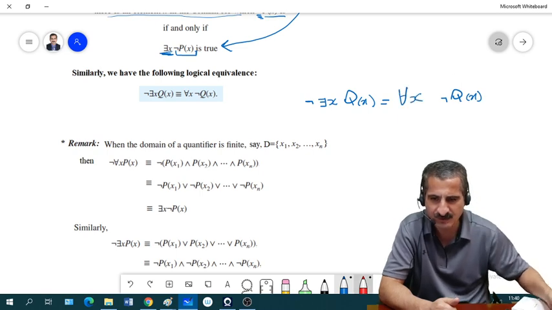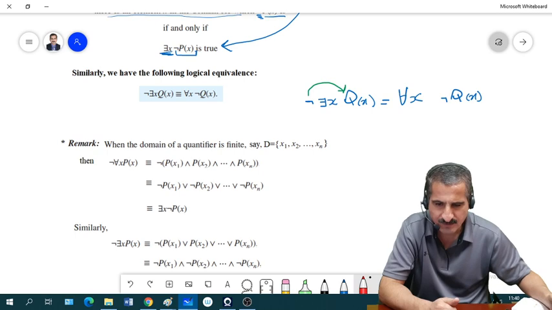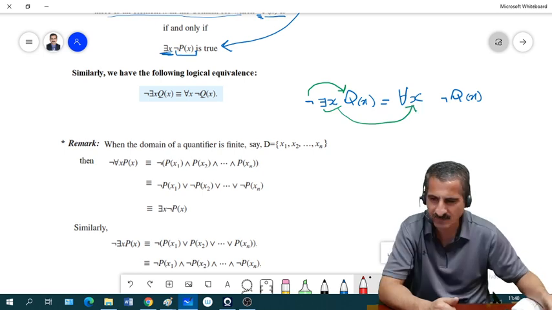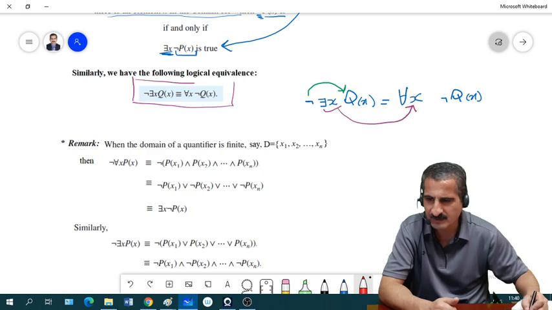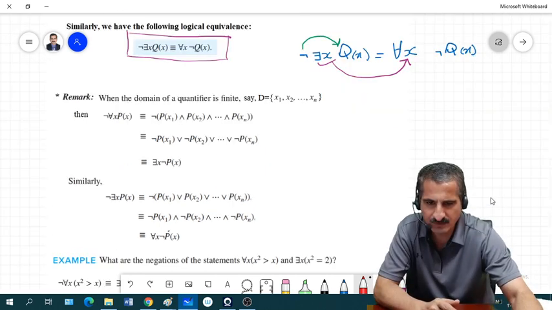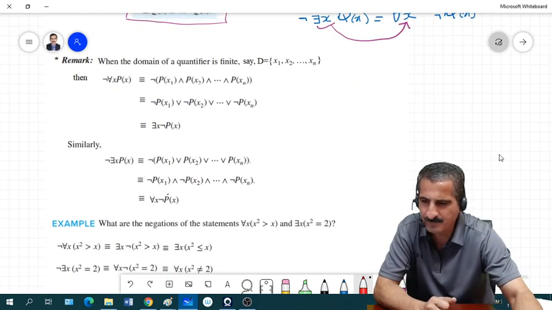So we move the negation to the inside here, but we change the existential to universal. And here we go. The proof of this is the same as the proof of the above one, so I will let you do it.